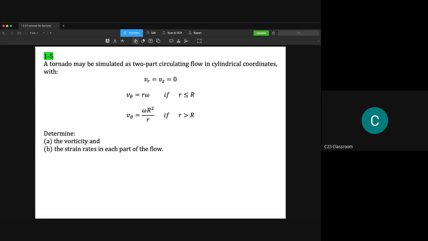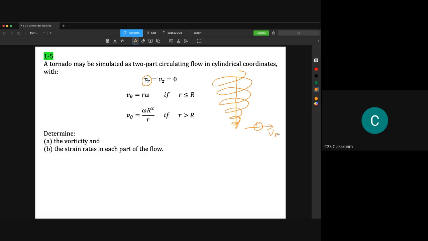So actually, if you really want to analyze this, you need to take care of VR and Vz, because in actual, if we have an axis here, the tornado might rotate and become bigger and bigger. That's why the shape of the tornado becomes bigger and bigger, because for sure it has a value of VR.